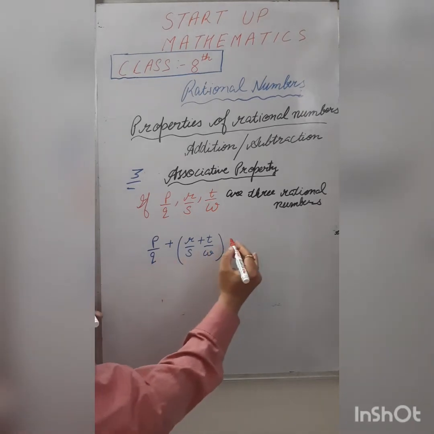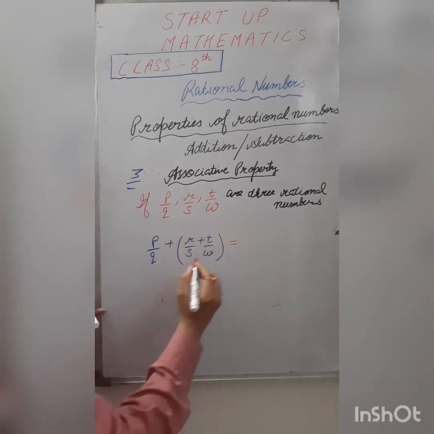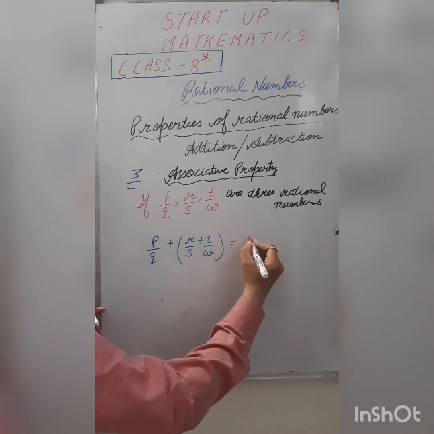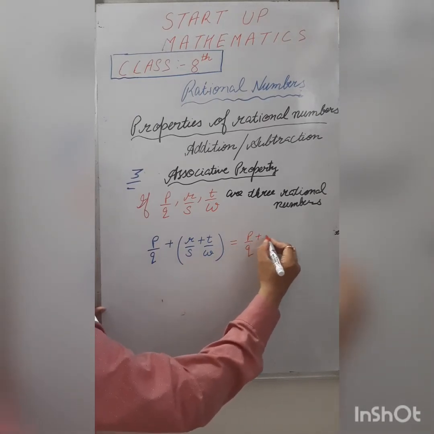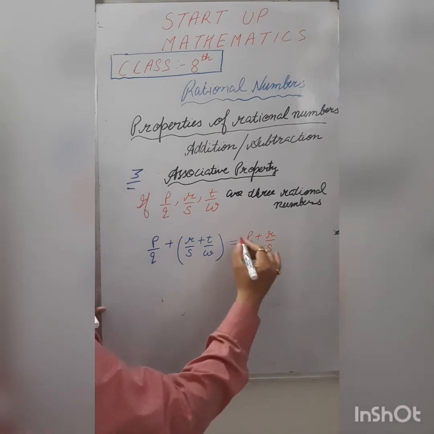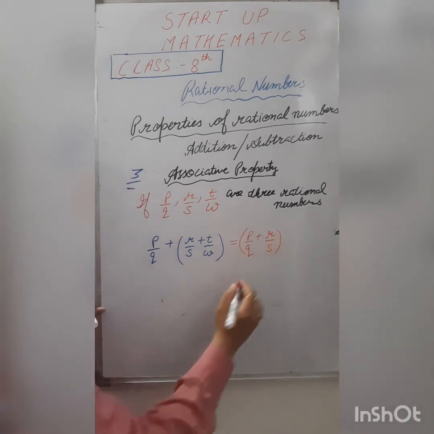Or you can write a new order, that is P by Q plus R by S, means the sum of the two rational numbers.